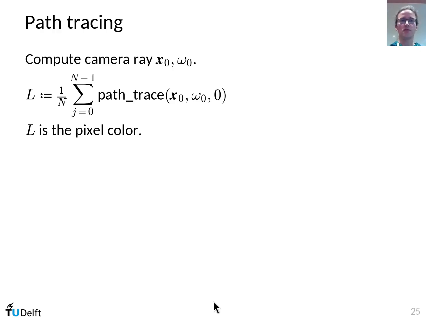Now, if we have a full renderer, we just invoke this function path trace at least once per pixel. So we have a camera ray here for which we want to compute the pixel color.